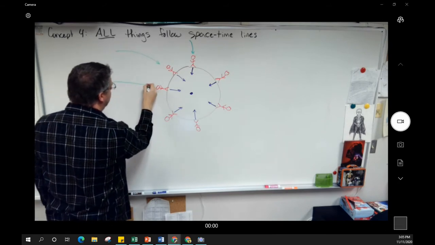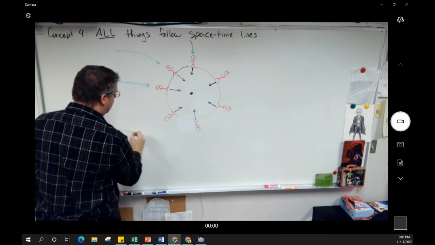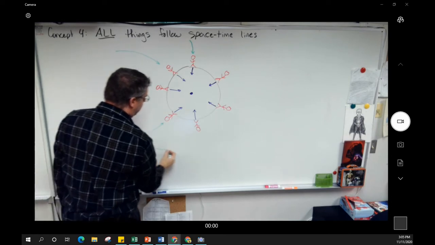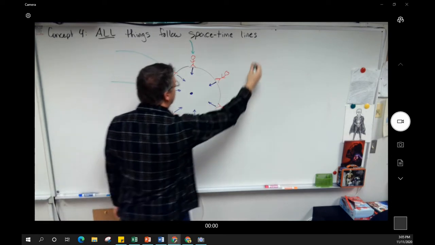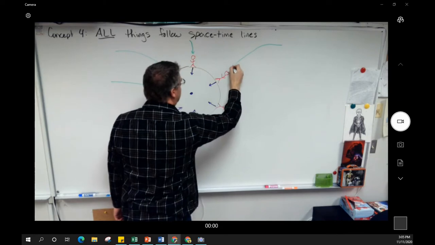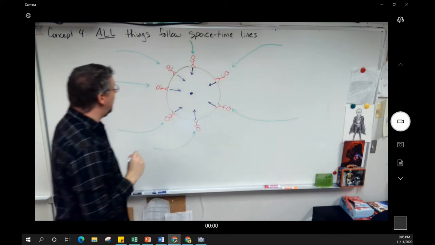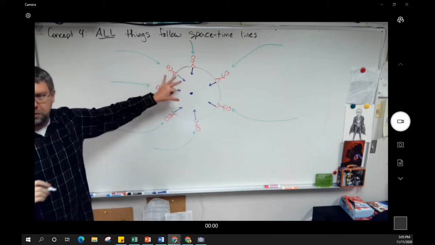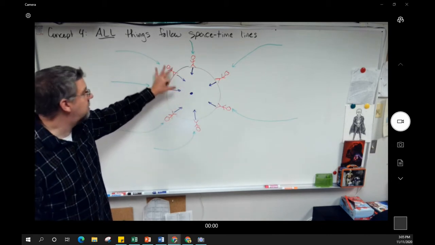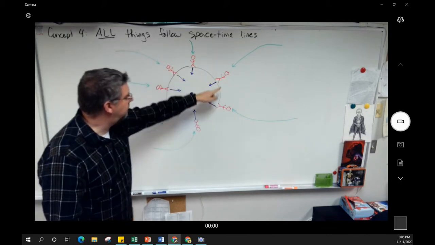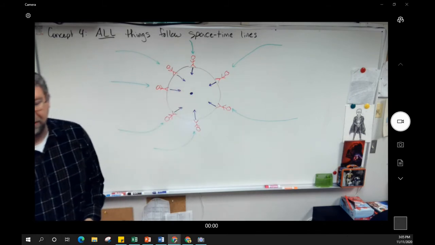This person's on a line that's doing this. This one's on a line that's doing this. And this one's on a line that's doing this. This one's on a line that's doing this. This one's on a line that's doing that. All the lines of space-time that they are attached to are all flowing in toward the center of the planet.